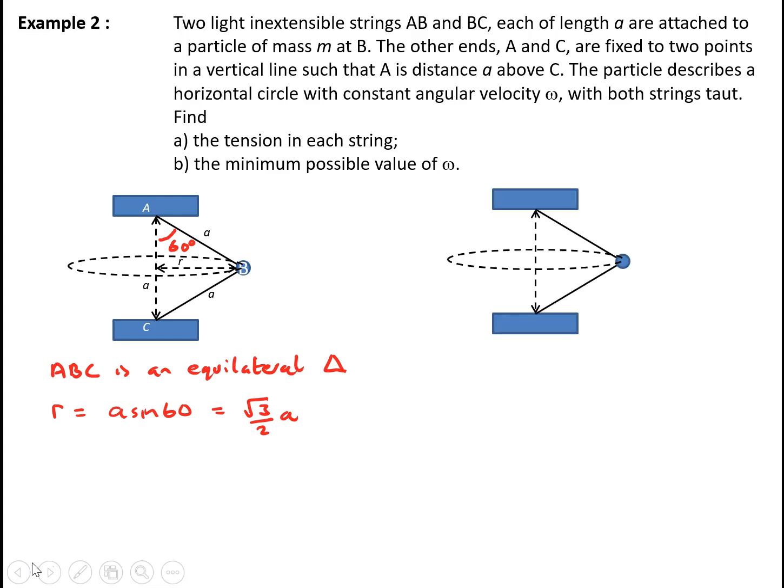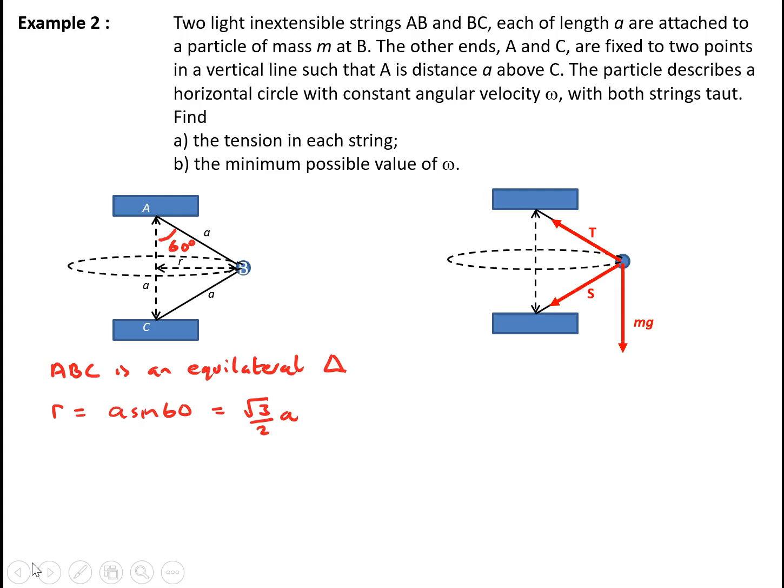We need a second diagram to put all of the forces and the acceleration on. The forces acting on B consist of, first of all, the weight of B, that's mg. Then we've got the tension in the string joining A to B, which we're going to call T. And we've also got a tension in the string joining B to C, and we'll call that S. In this case, they are two distinct strings.